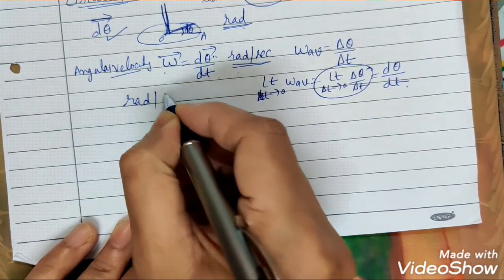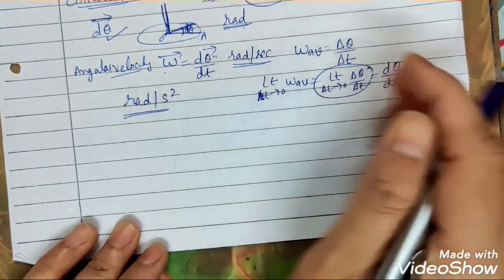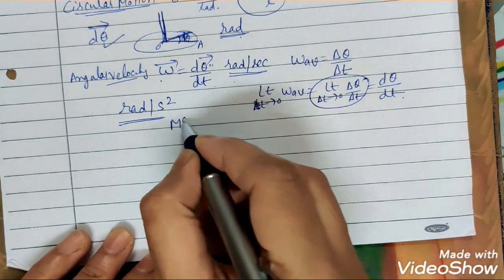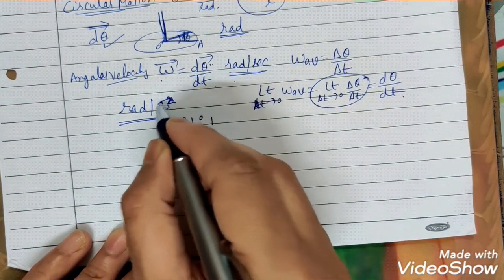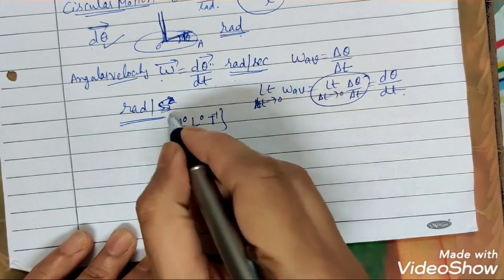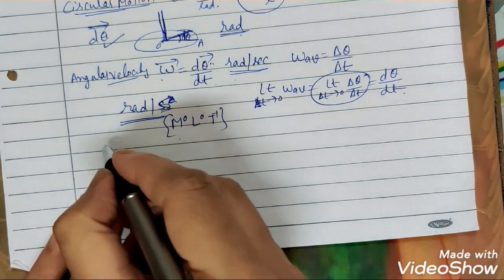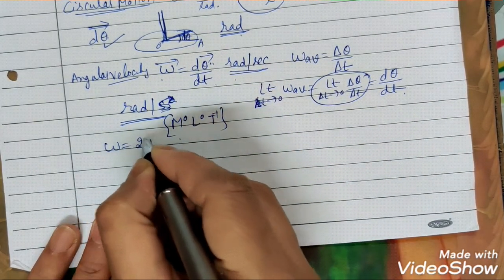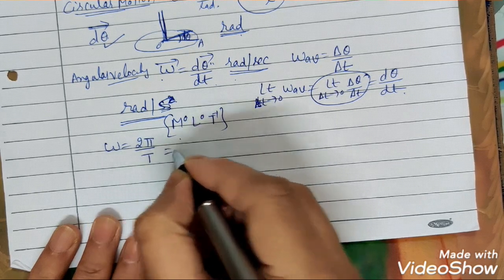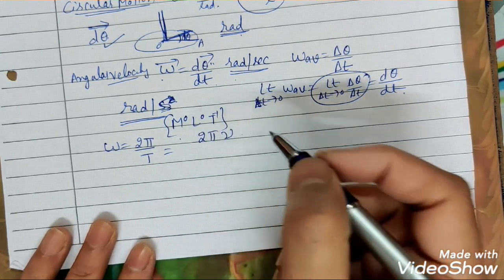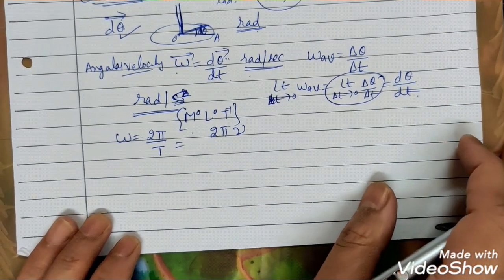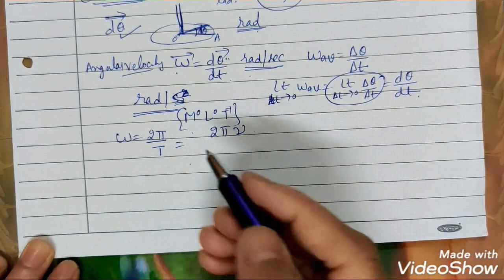Its unit is radian per second, and its dimensional formula is M0 L0 T minus 1. This omega is also written as 2 pi by T, or 2 pi nu, where 1 by T is the frequency. So we calculate this angular velocity by using these equations.